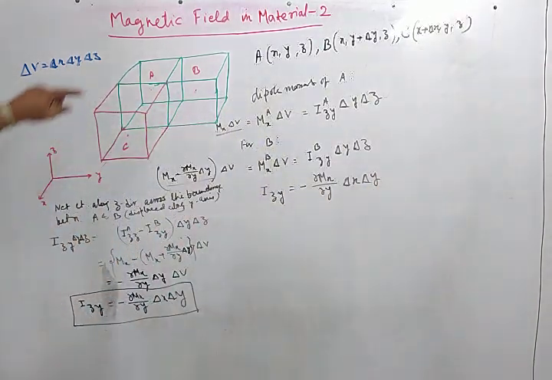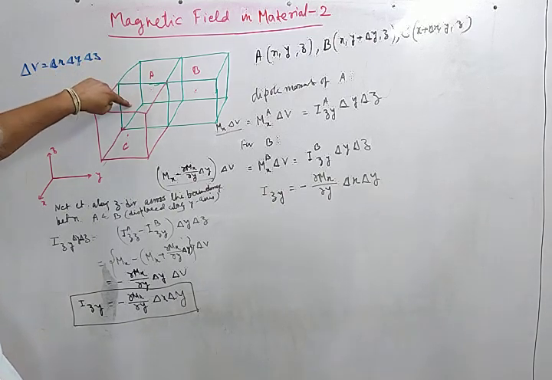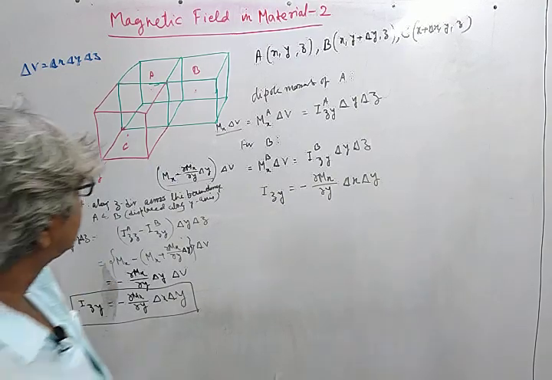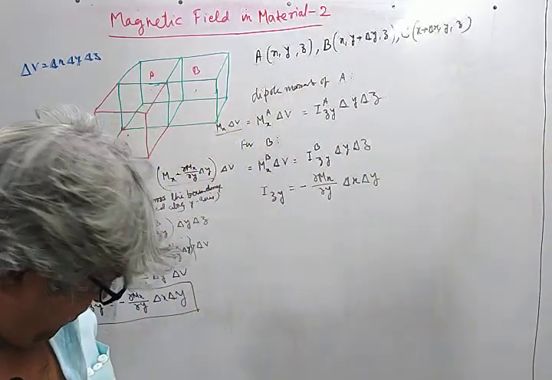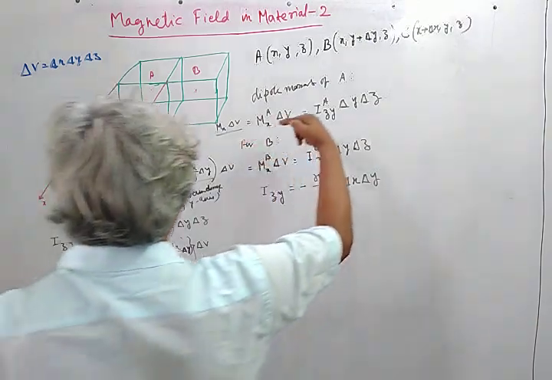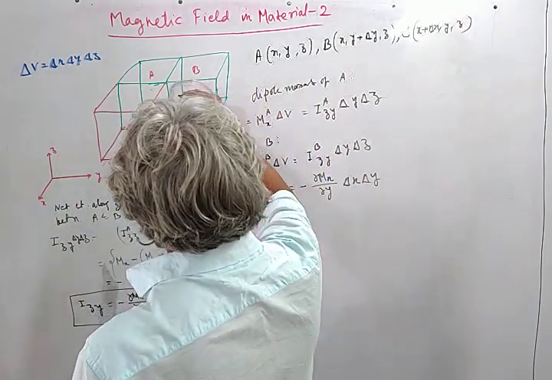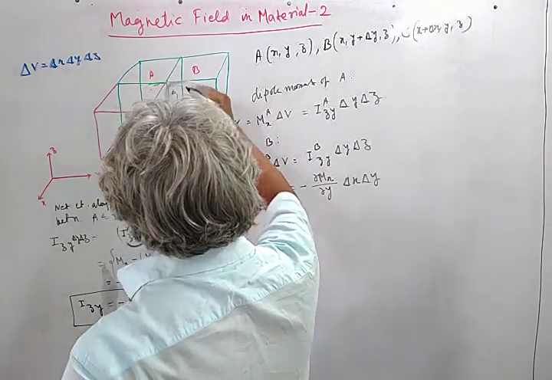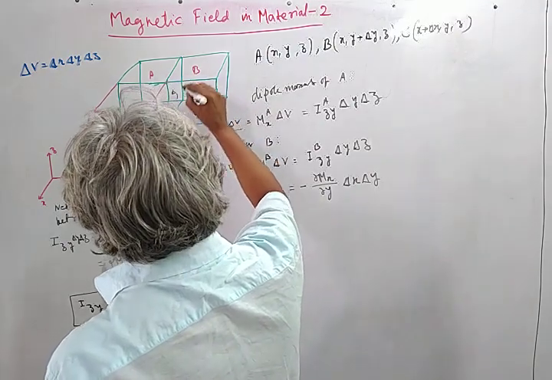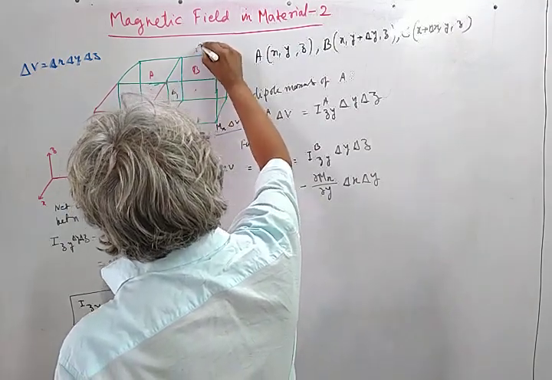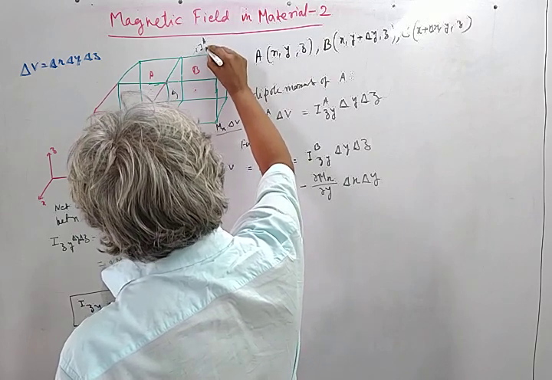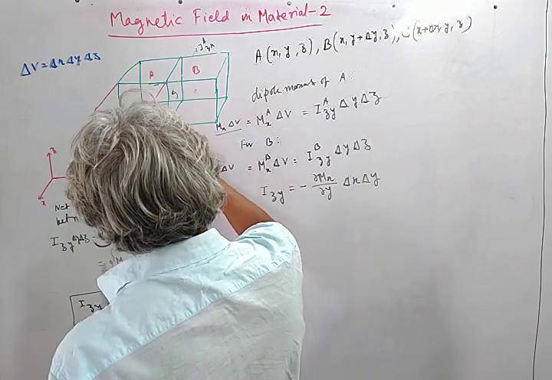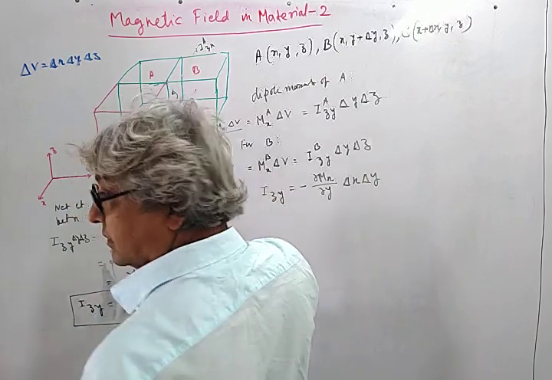Now we consider the two volume elements A and C which are displaced along the x direction. Then we should look at the situation from the positive y direction, and the circulating current is in this direction. This current is I_AZX and this is I_CZX.